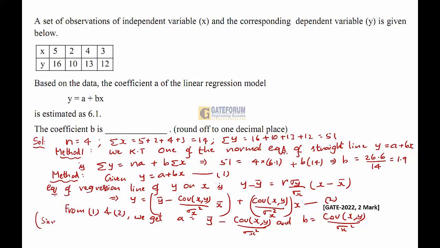Since covariance of x comma y is related to R value, R is the correlation coefficient. Okay.